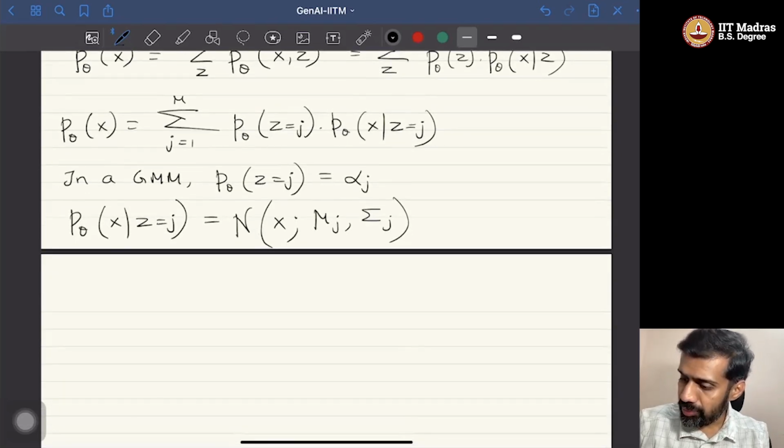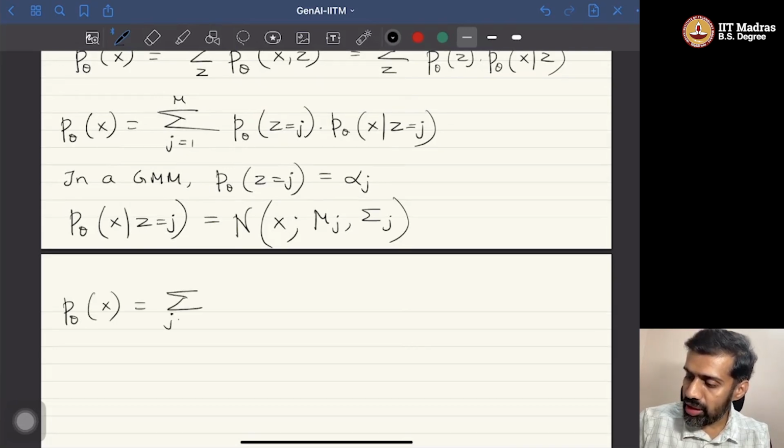So P theta of x, which is the latent variable model in the case of a GMM, is given by the sum over j equal to 1 through m of alpha j times a normal distribution over x with mean mu j and variance sigma j.